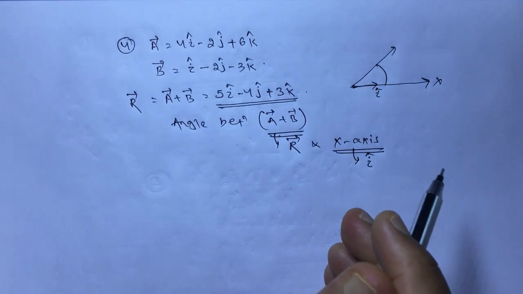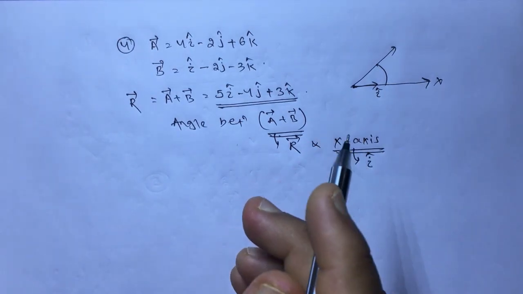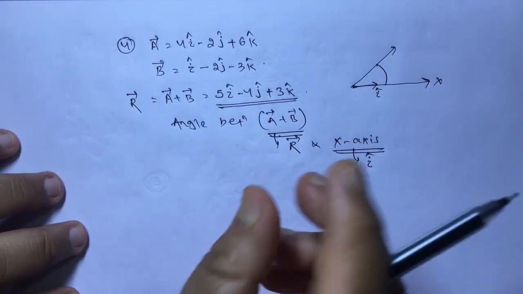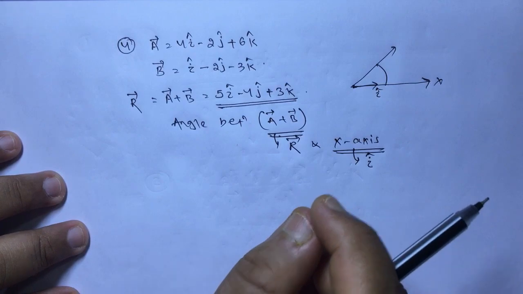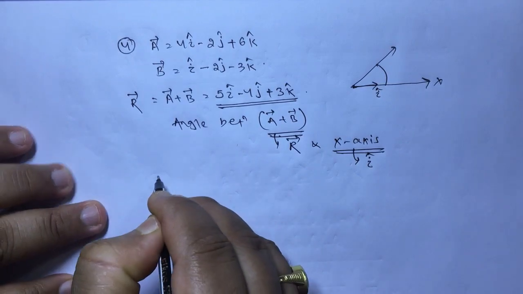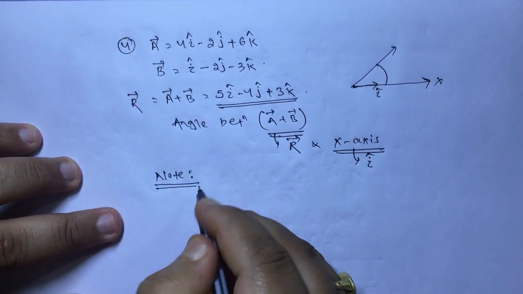Here, how to solve? Remember that you can write the angle between the vectors. This formula you can remember. Write this down as a formula or note in the theory.